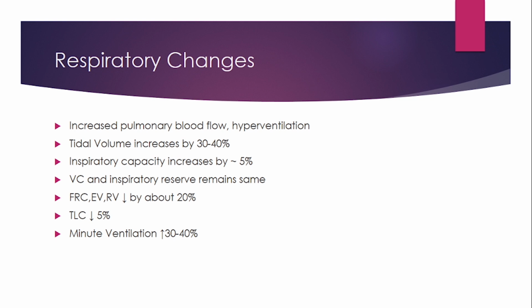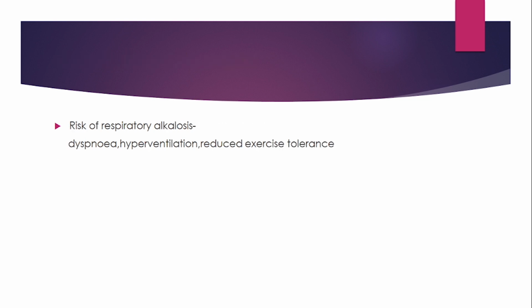The total lung capacity, however, reduces by about 5%, and we have an increase in minute ventilation by about 30 to 40%. Because of these changes, the pregnant woman is at risk of developing respiratory alkalosis from dyspnea, hyperventilation, and reduced exercise tolerance.